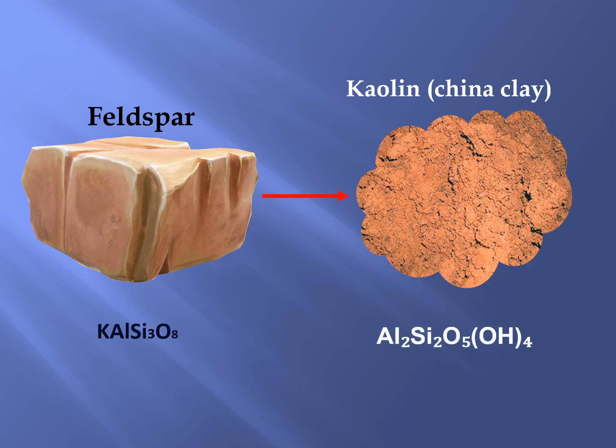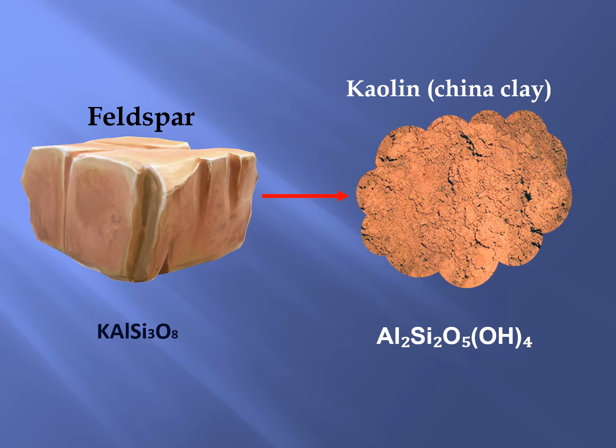All right, and that's the formula for kaolin or China clay. You have other forms of feldspar as well. In this case, we have potassium aluminum silicate oxide, but you also have calcium aluminum silicate oxide, and we also have another one, sodium aluminum silicate oxide. Those are the three forms of feldspar.